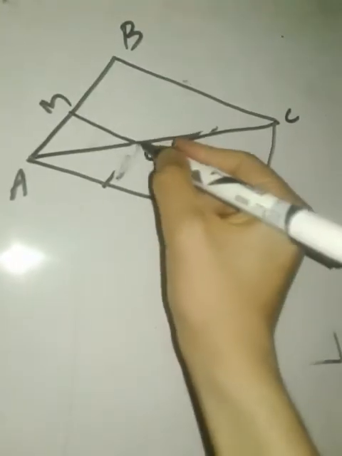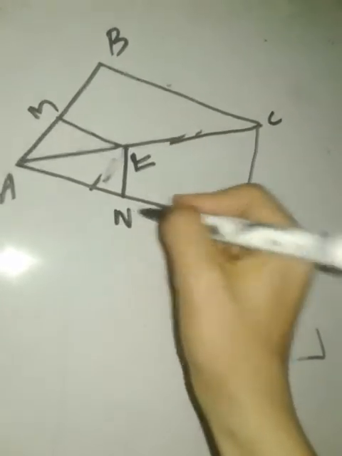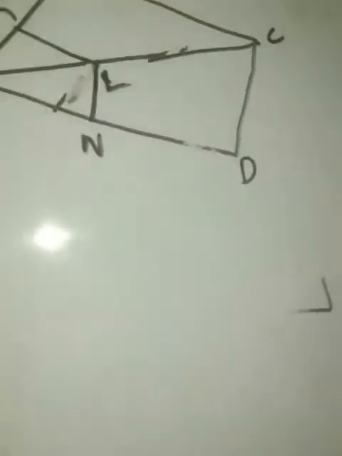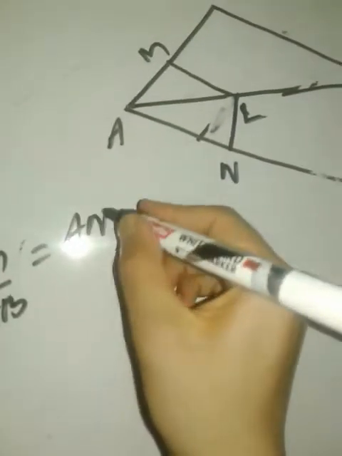What we are required to prove is AM divided by AB equals AN divided by AD.